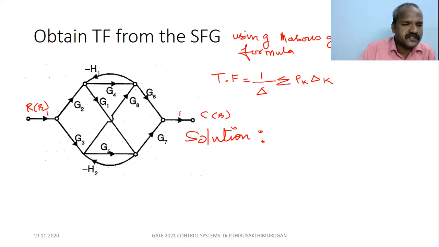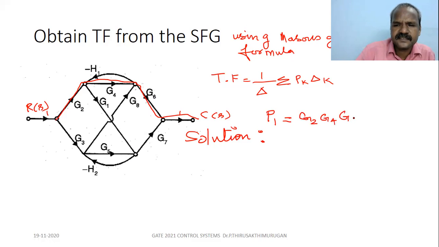From this point you can have one forward path, this. So let P1 be the first forward path. What is P1? It moves this way: G2, G4, G6, and ends at C. So P1 is G2, G4, G6.